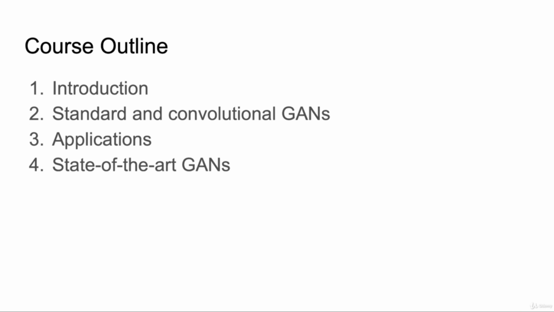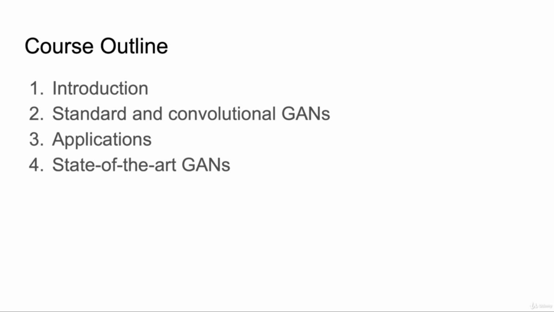In our course, we will have 4 main blocks. First block is the introduction that you are now listening to. I will describe what generative learning is and why we need it, and what the existing approaches for generative learning are. In the second module, we will study standard and convolutional generative adversarial networks.